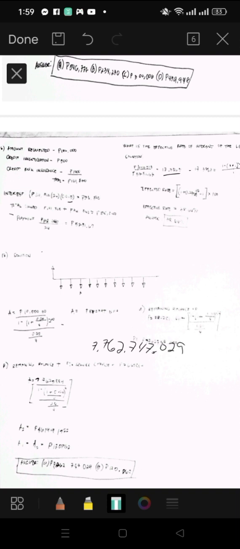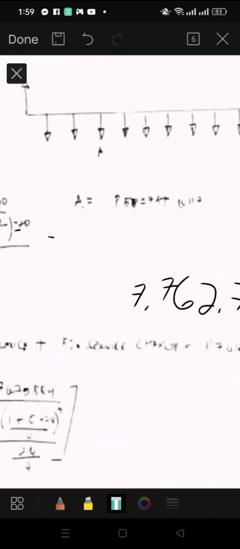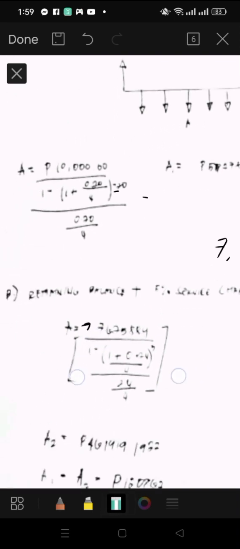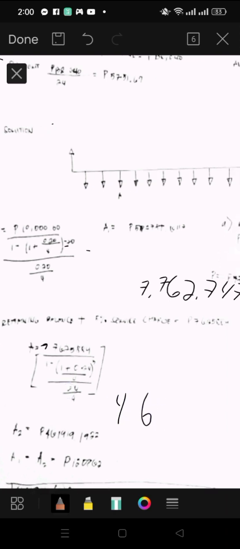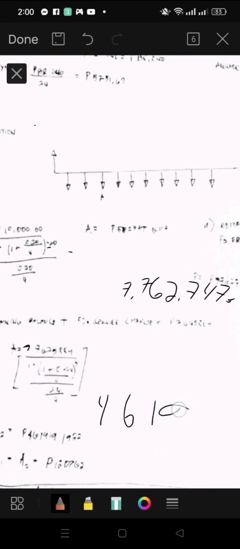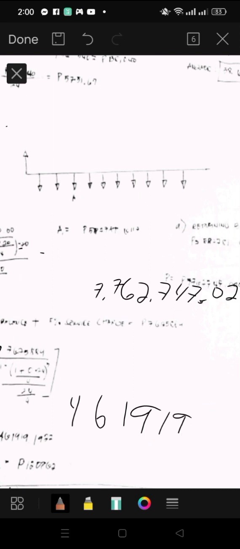So our solution is 7,762,747.029 equals A over the quantity of 1 minus (1 plus 0.24 over 4) raised to the power of negative 80, over 0.24 over 4, and that gives 461,919.9122.